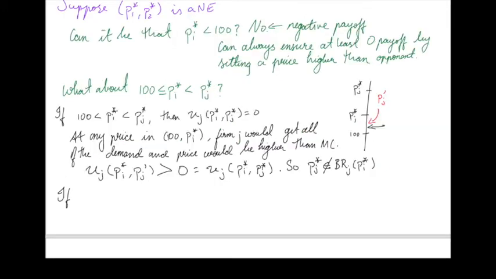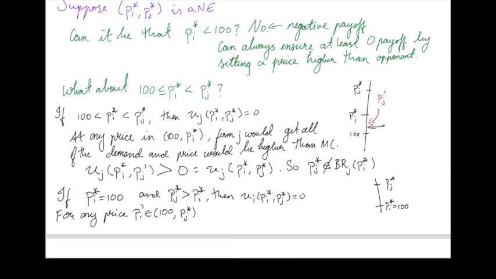On the other hand, if PI star equals 100 and PJ star is bigger than PI star, so in this case we have a situation that looks like this, then firm I is making 0 payoff. Firm I is setting a price equal to its marginal cost, so it's not making any money on anything that it sells. However, for any price between the two, we'll call it PI prime, anything that's strictly higher than 100 but strictly smaller than PJ star, I still gets all the demand, but at a price higher than marginal cost.